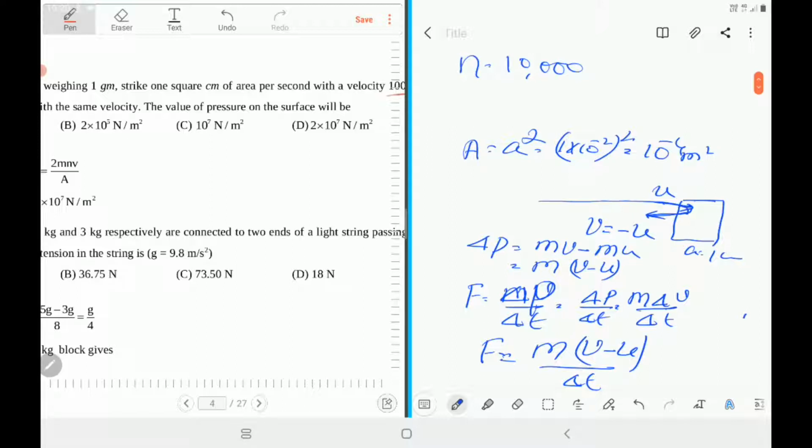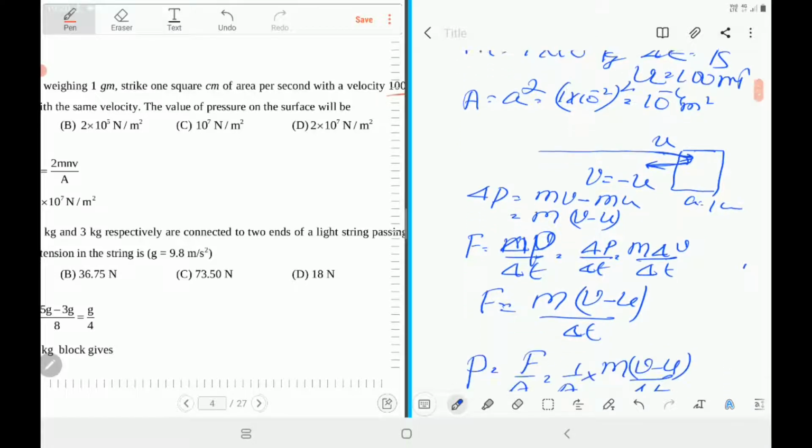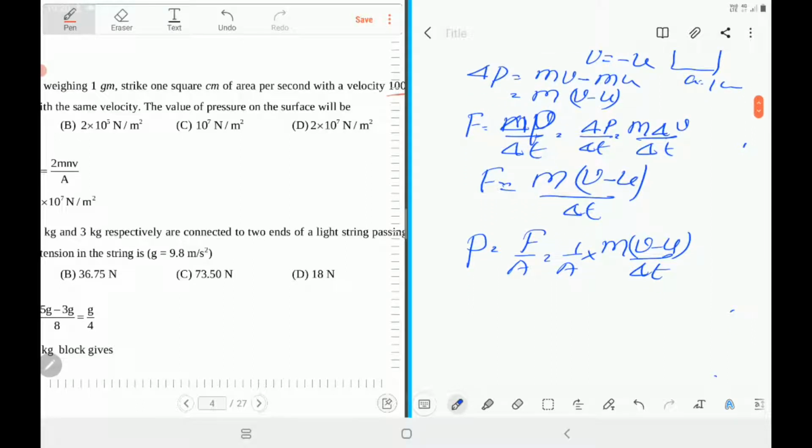What is given here? He has given mass of each stone, that is 1 gram, 10 power minus 3 kg. And time interval, that is 1 second. And what is velocity? Initial velocity is 100 meter per second. Initial, final, both same magnitude, that's why you can write 100 for both here. V equal to minus u.